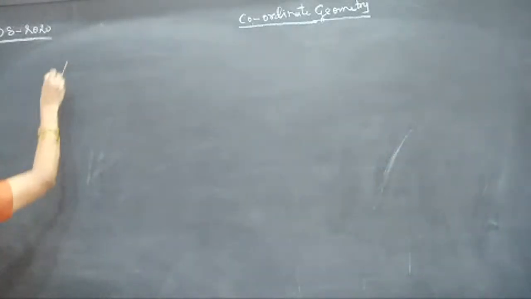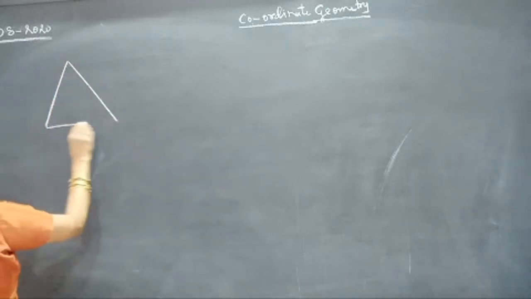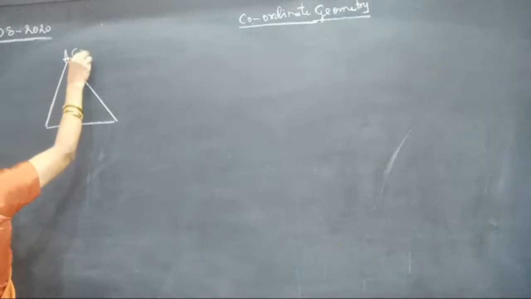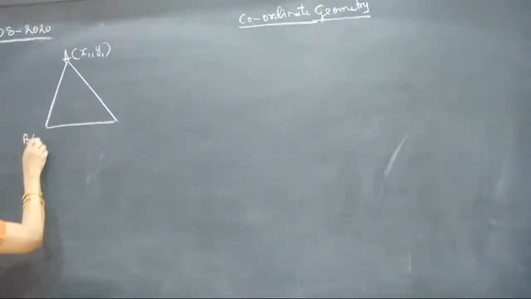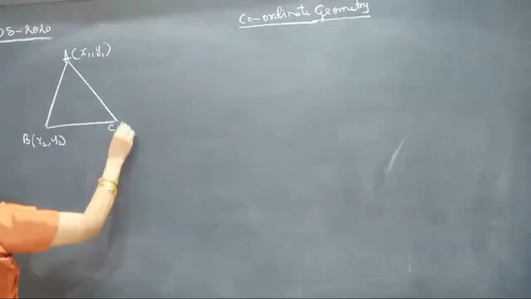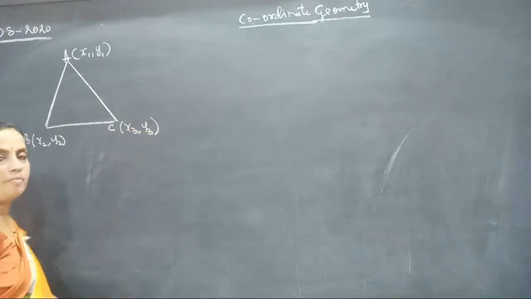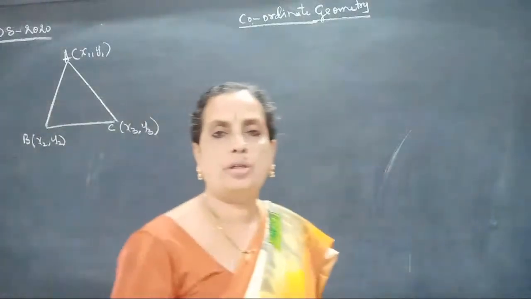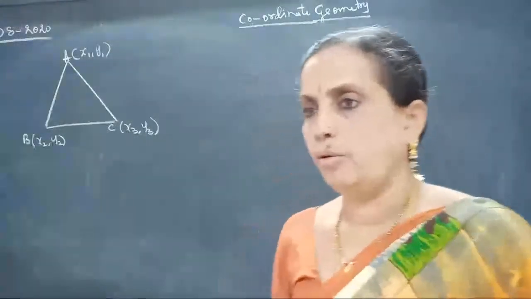Get the triangle figure: A (x1, y1), B (x2, y2), C (x3, y3). After getting the figure, don't work out, just see the steps. Okay, this is a 4 marks question.